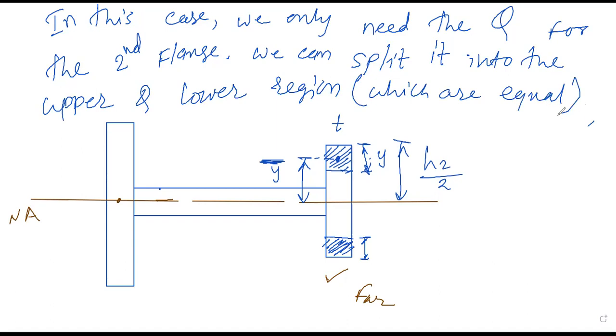Then calculate the Q and multiply by 2, right? So in this case, we need to find the capital Q for the second flange. We split into upper and lower region, which are equal, so while calculating that, you have to multiply by 2. Okay, now we will find out the y bar.